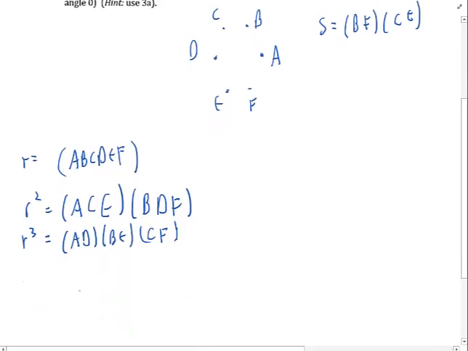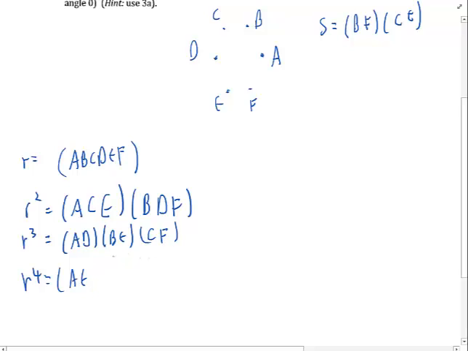And then R to the fourth is going to take A all the way around to E, and then it takes B to F, and then it takes C to D. Well, let's see, that doesn't look right. I have to follow it up, right? A around to E, and then E is going to go around to C, so I did this wrong.